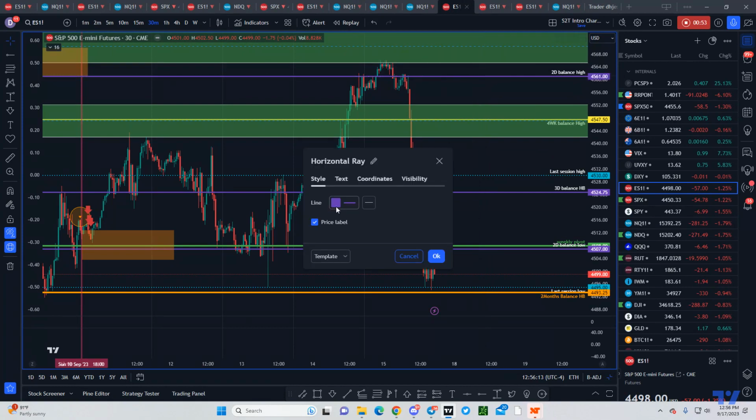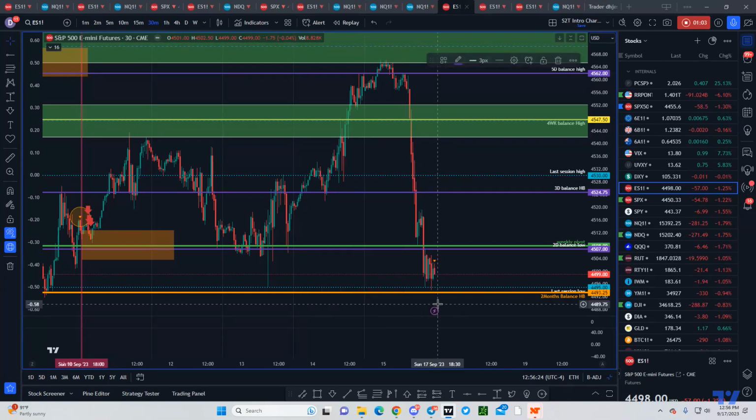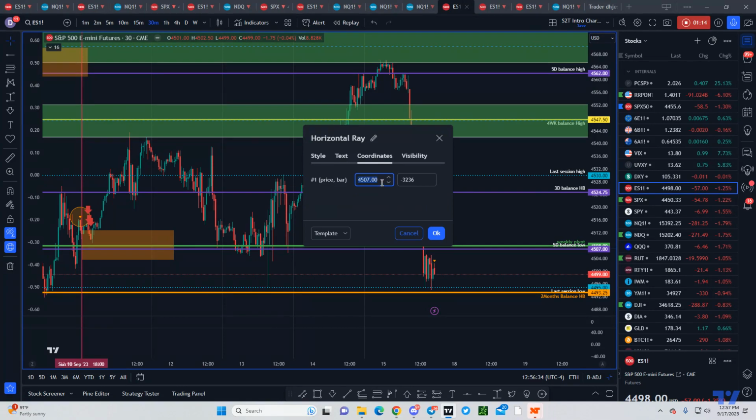Let me just be exact in here. 45.62, and the text here is going to be 5 day balance. And we're going to take a look on the low side, and this is going to be a 5 day balance, and the coordinates for that will be 44.94.